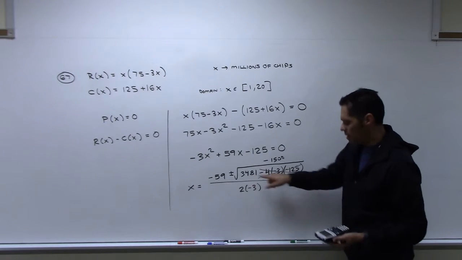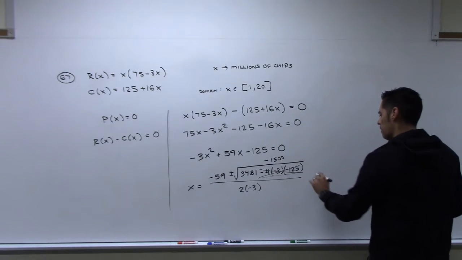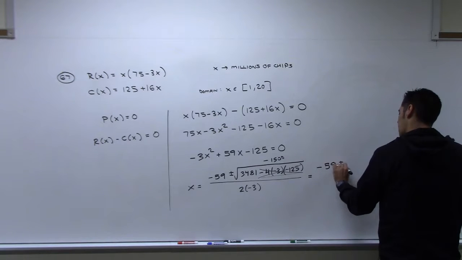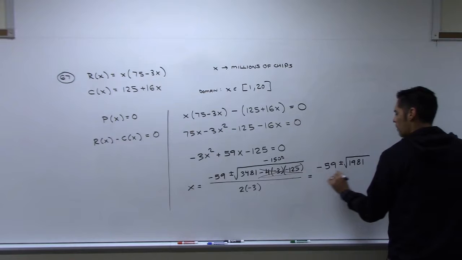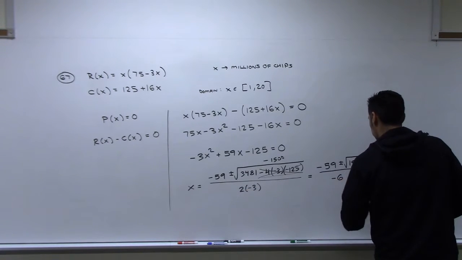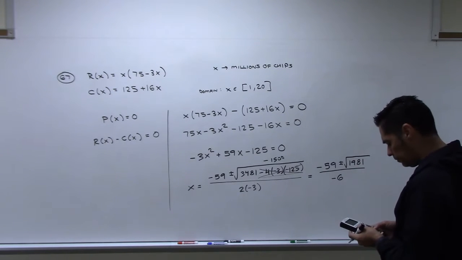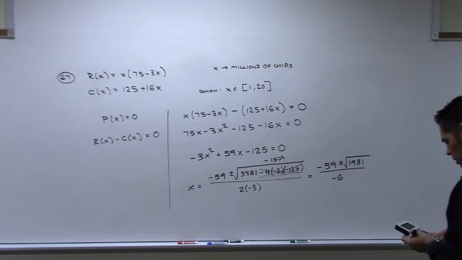So I'm taking this number, 3,481, minus 1,500, and I get 1,981. So negative 59 plus or minus the square root of 1,981 all over, multiply those, you get negative 6. So now on my calculator, I've got to take the square root of 1,981.